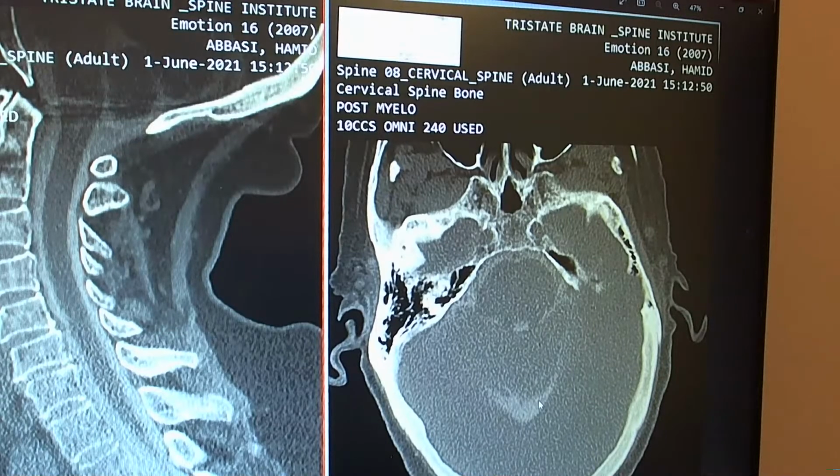Christina, where do you think the contrast is accumulating between this structure here and this structure here? To make it easy for you, this is the cerebellum and this is the occipital lobe of the brain.